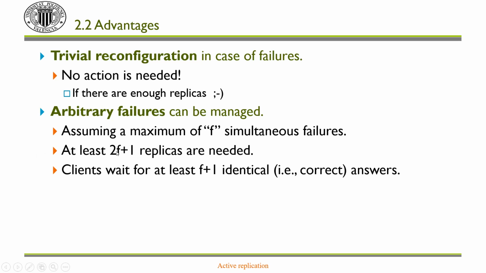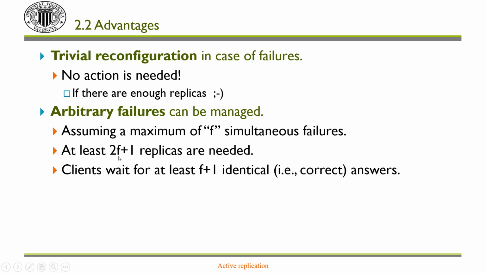In the general case, we'll need instead 3f plus 1 replicas, because replicas may try to adopt the identity of another one, mainly in case of a failed replica, that is, a replica that behaves in an arbitrary manner.